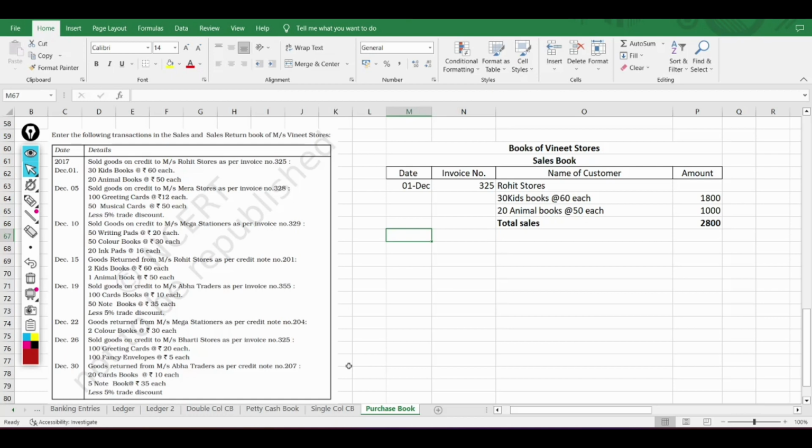Next, on December 5th, invoice number 328, that is Meera stores.